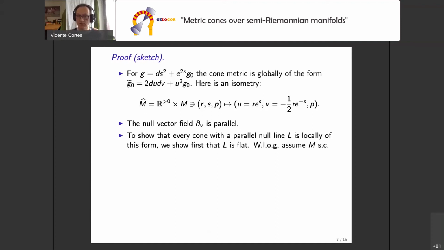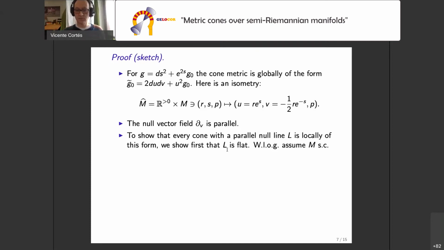Here I sketch the proof. To show that every cone with a parallel null line is locally of this form, we proceed in several steps. First we show that the null line L is not only parallel, but it will be flat. So it's not only invariant under parallel transport, but the curvature of this one-dimensional bundle is 0. This can be checked using the curvature formulas for the cone, because the connection on this line bundle is induced from the Levi-Civita connection.